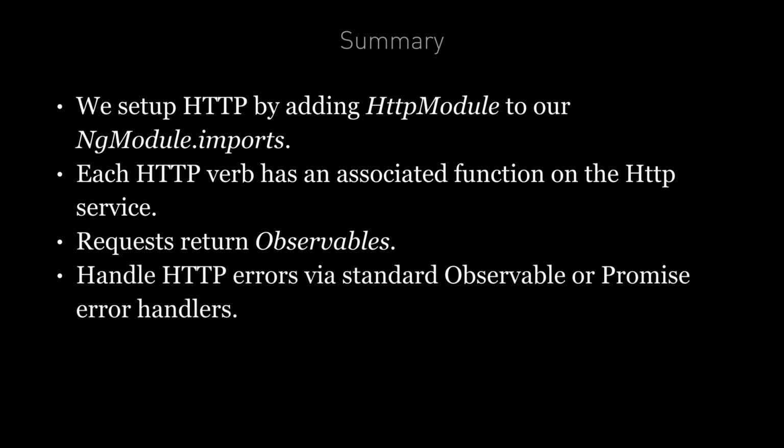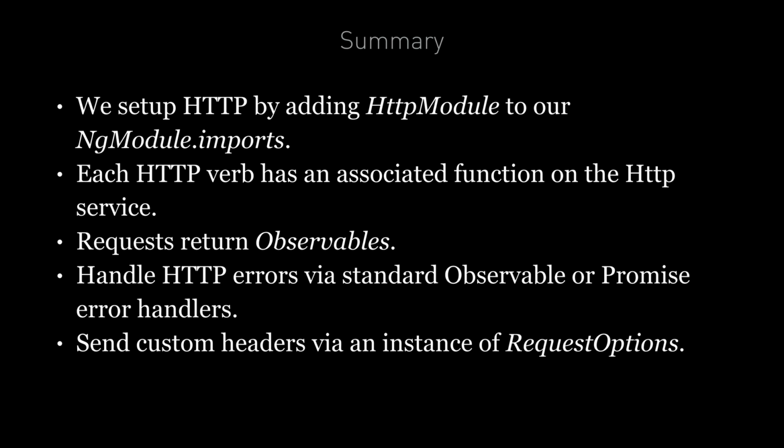We can handle errors using the typical observable or promise error handlers. And we can send custom headers alongside our request by passing in an appropriately configured RequestOptions object. This lecture covered the basics of using the HTTP client library. In the next lecture, we'll go through a specific example using promises.